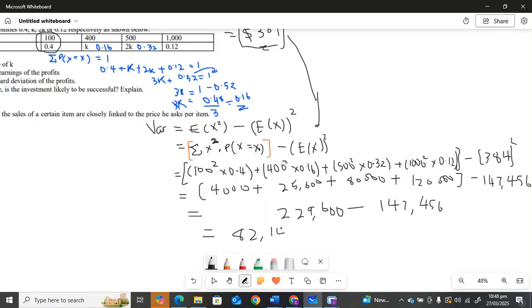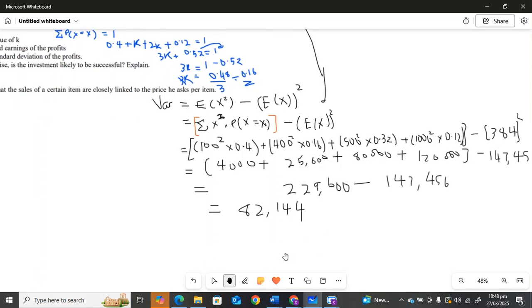So that's just the variance. The standard deviation is just the square root of the variance.